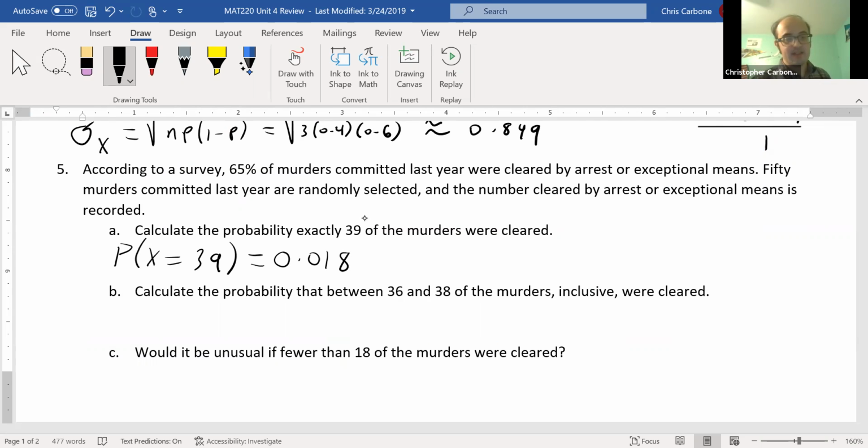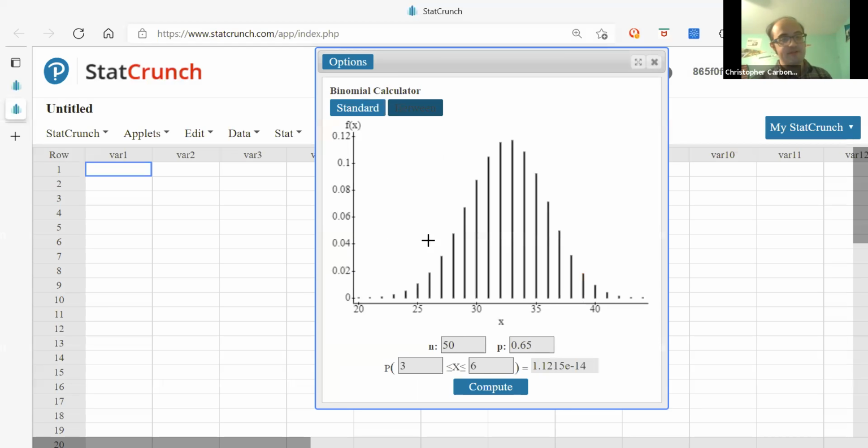Part B wants the probability between 36 and 38. So this value, let me open this back up. We're going to the between value here.